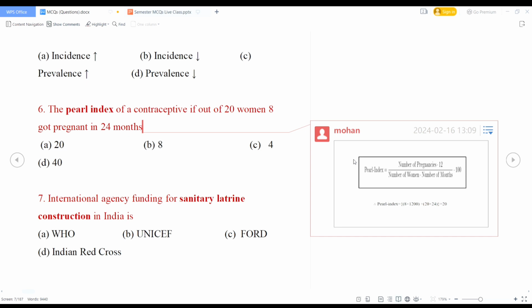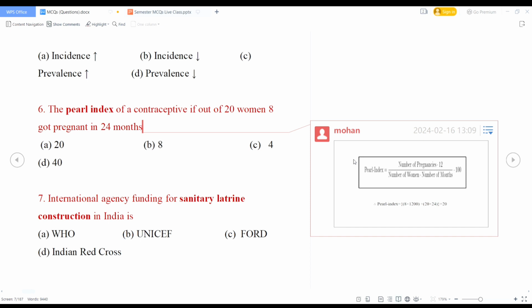Pearl index equals number of pregnancies into 1200, that is 100 woman-years, by number of women into number of months, that means months of exposure. So put the values.